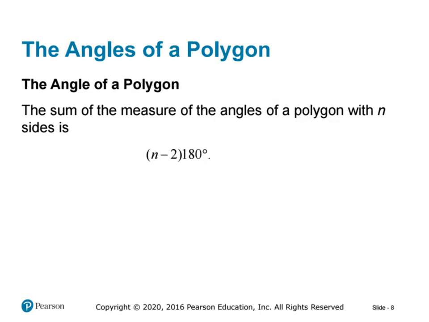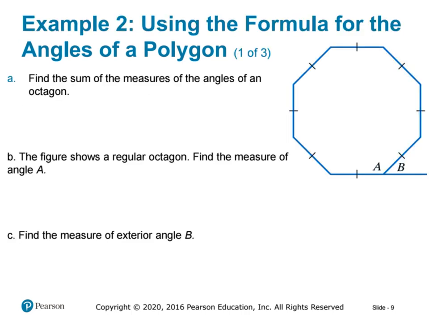All right, the sum of the measure of the angles of a polygon with n sides is n minus 2 times 180. So that will give you the sum of the angles. So we want to find the sum of the measures of the octagon. So octagon has 8 sides.